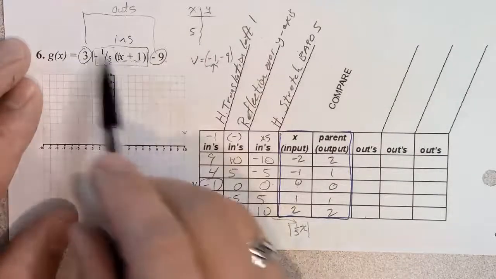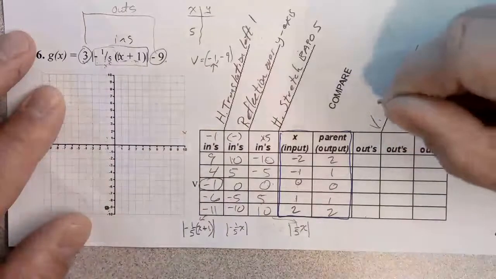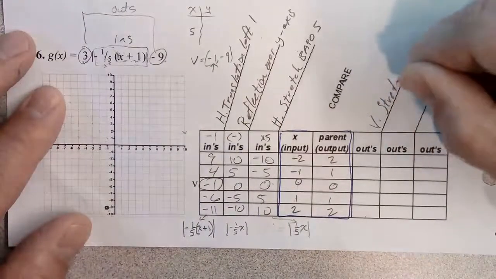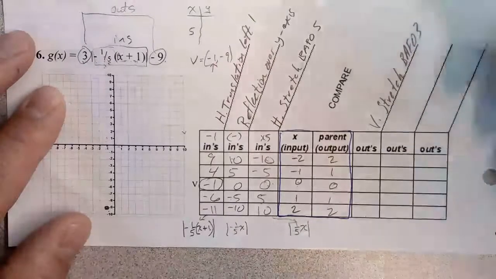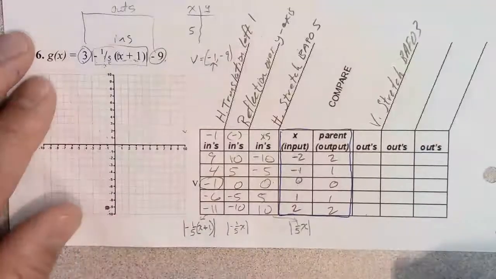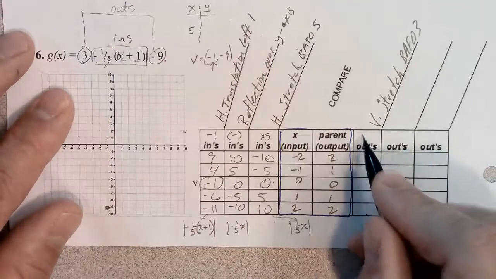So we start with the multiplication. The 3, that's a vertical stretch, by a factor of 3. Go ahead and do that to your outputs.